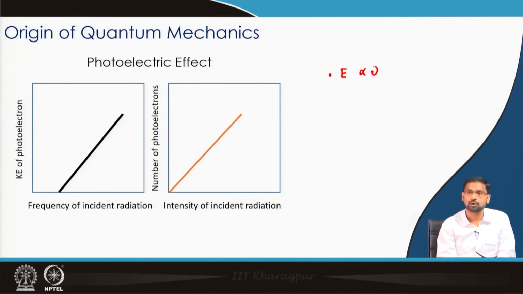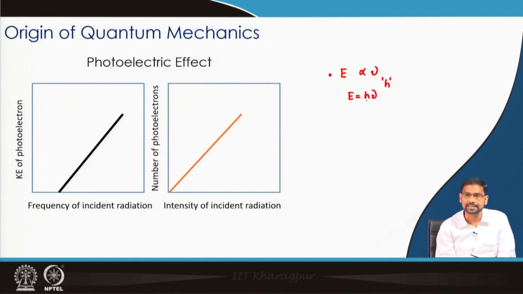By looking at the experimental result, it turned out that this proportionality constant happens to be the same h, Planck's constant, as we saw in black body radiation. So in Einstein's work, he also said that the energy of the incident radiation is given by h nu, proportional to the frequency.